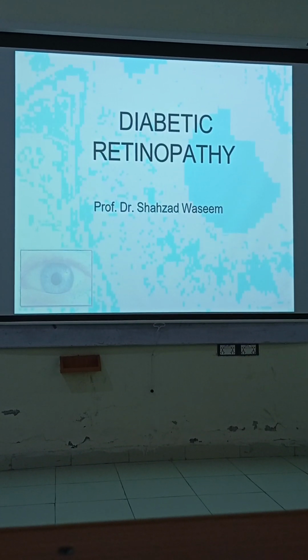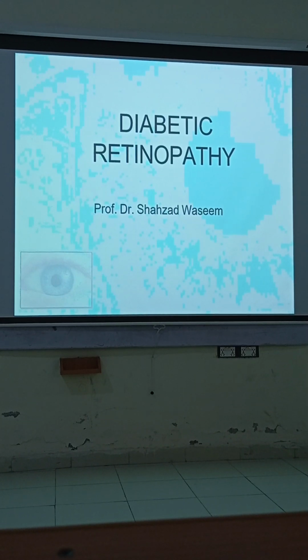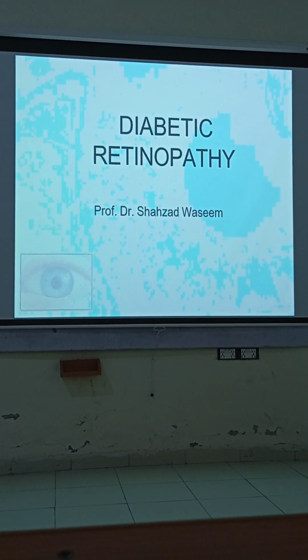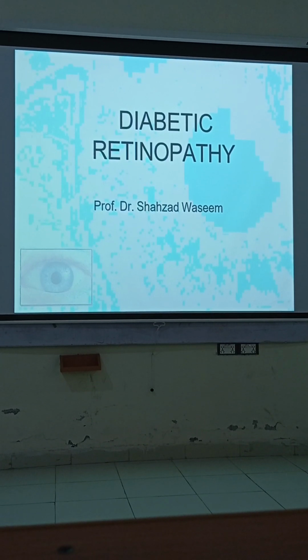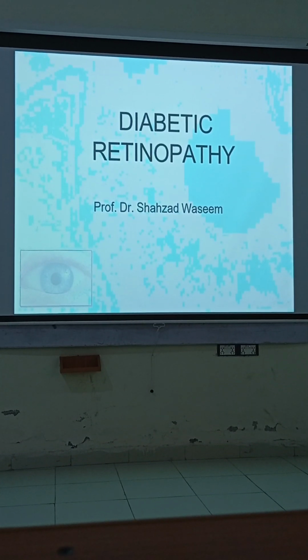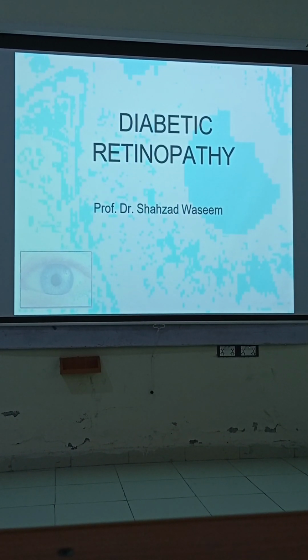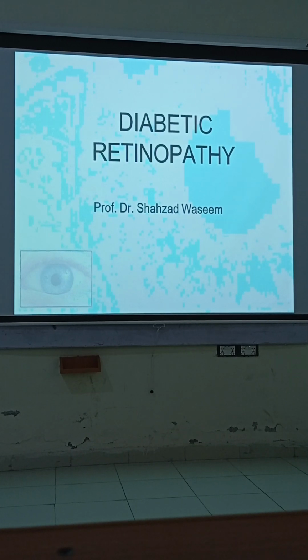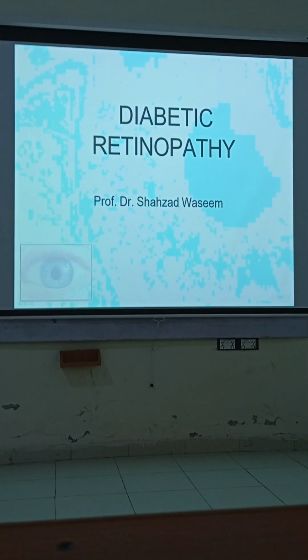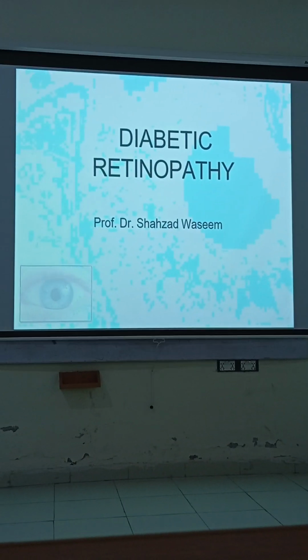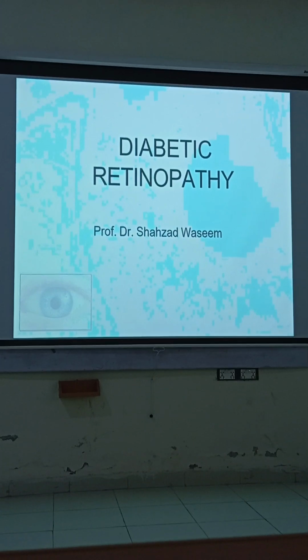So first we will briefly study, because the time is limited, what diabetic retinopathy is, that is how it affects the eye. It will be followed by what vascular disorders patient might experience with the basic causes of diabetes and hypertension.